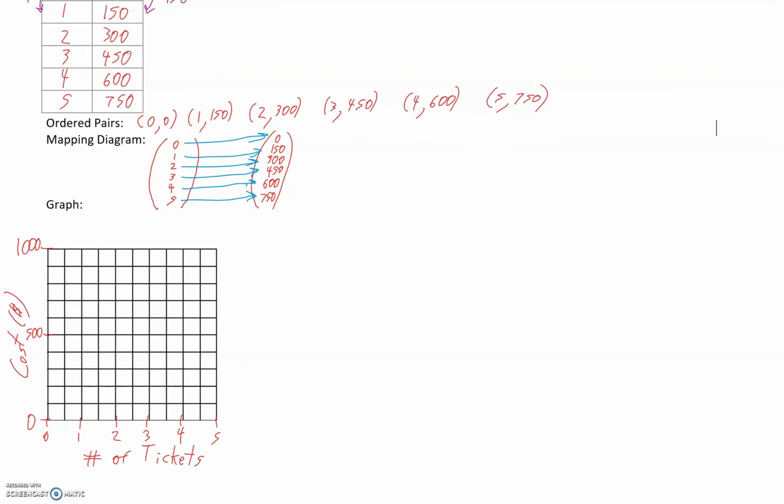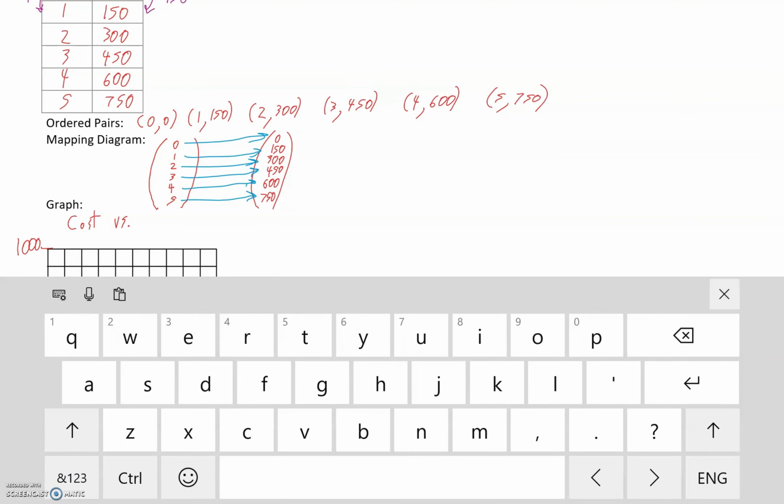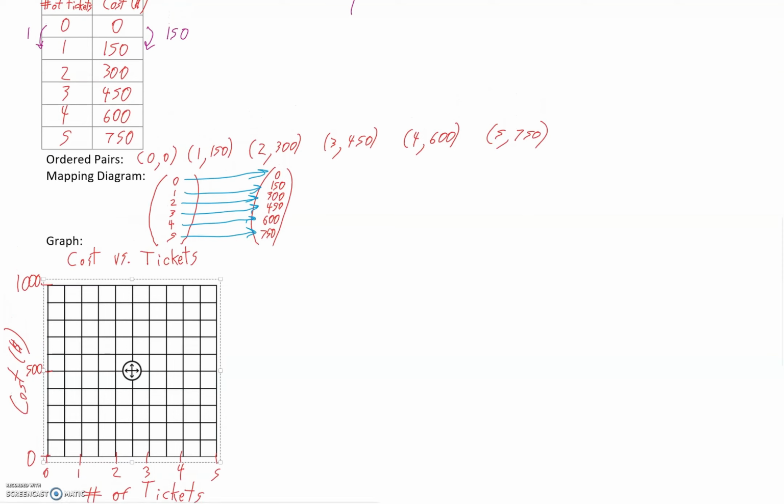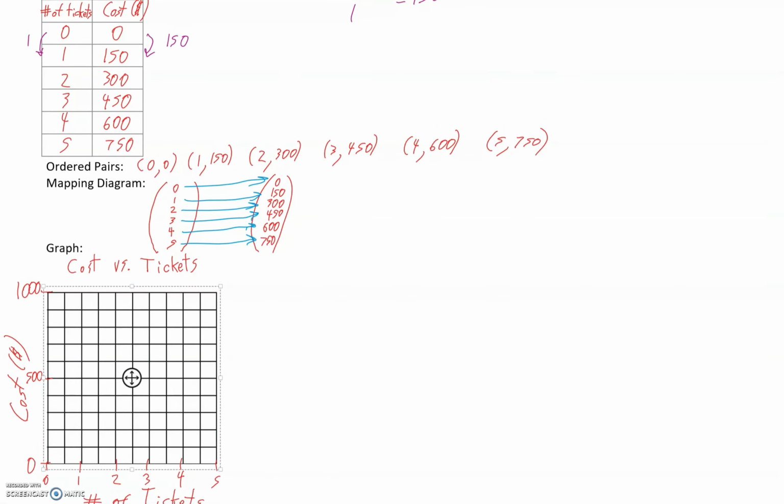Yeah, so we have those axes now. Let's make sure that we put our main title on, which is always going to be our y value versus our x value. So cost versus tickets. And now we're going to put all the different points on. Again, having the actual table of values there would be helpful to see.